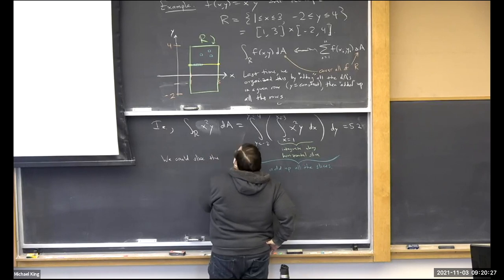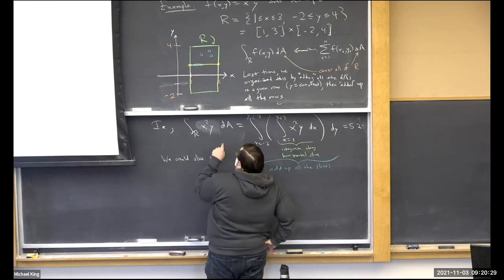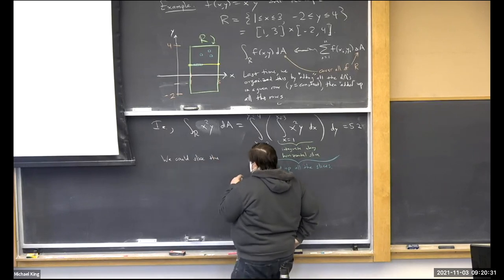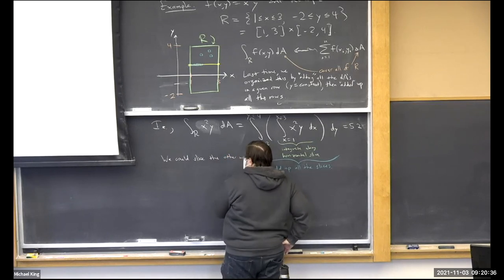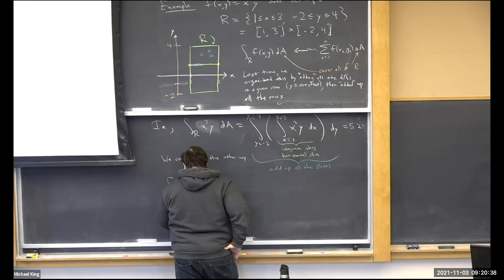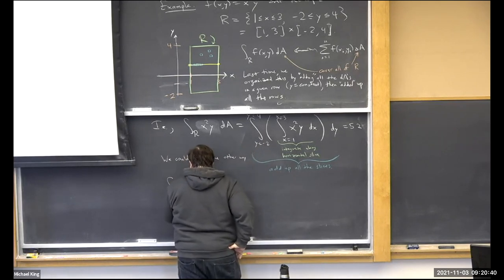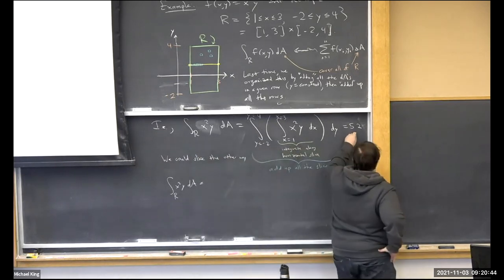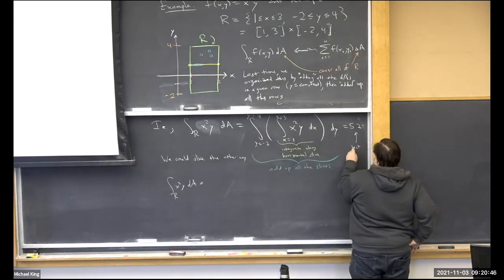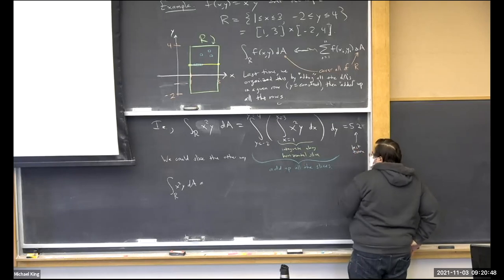We could have done x equals constant slices first, which are vertical in the xy plane. So let's just check and see that we get the same answer. Yeah, this was from last time. So let's just do this the other way.